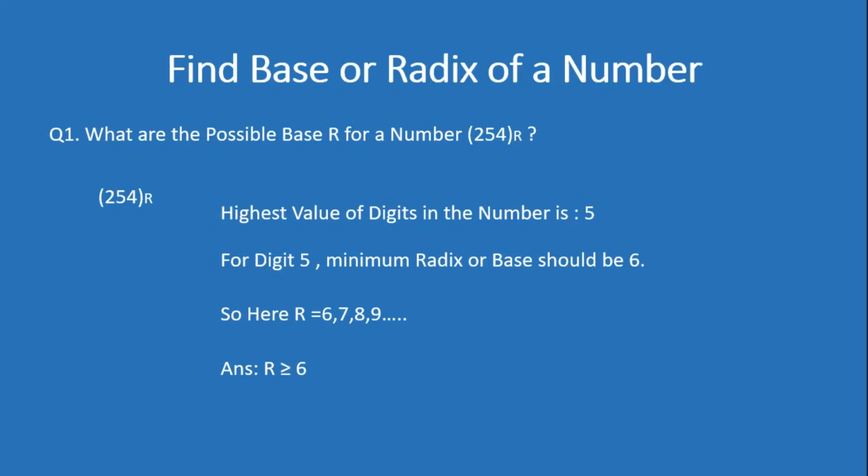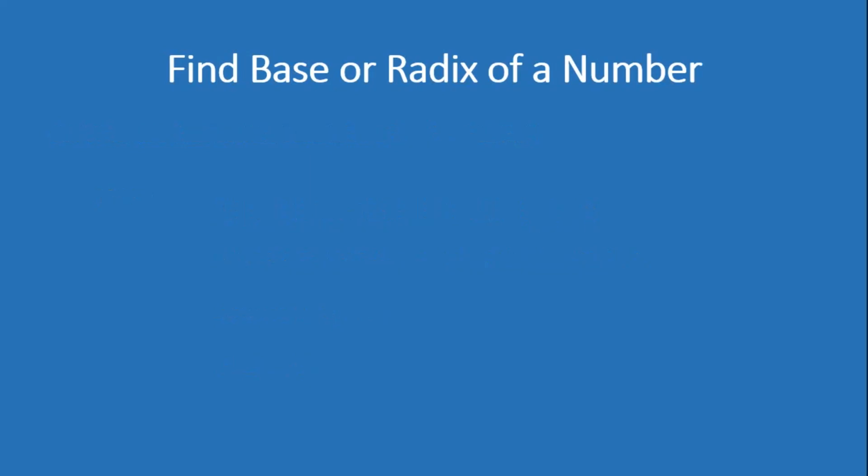Now we move to the next question. Now in this question, we have a relation of two numbers. Number 32 has base 10 and number 44 has base r, and we have to find the base r.